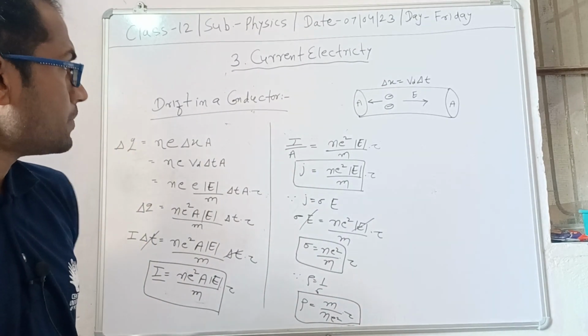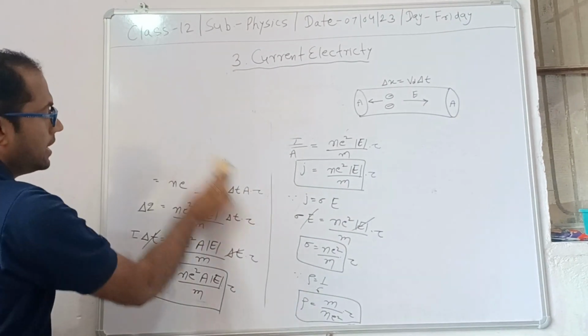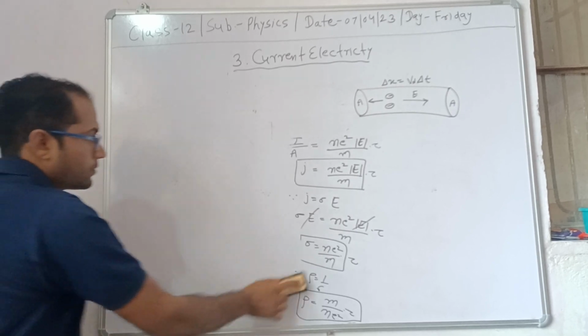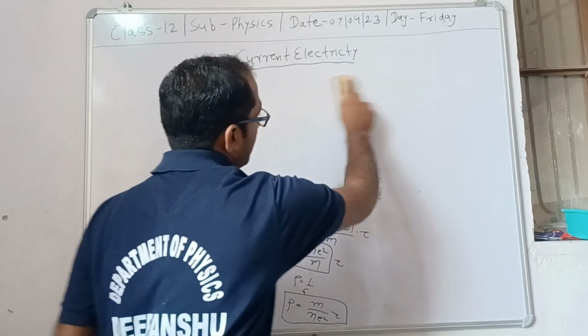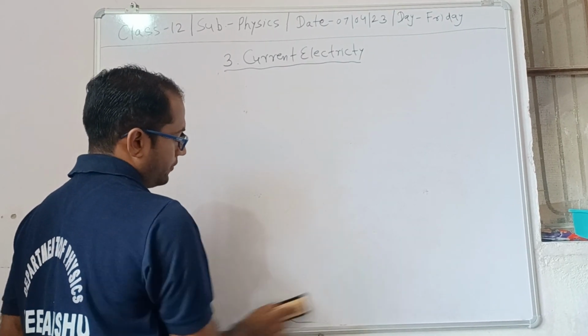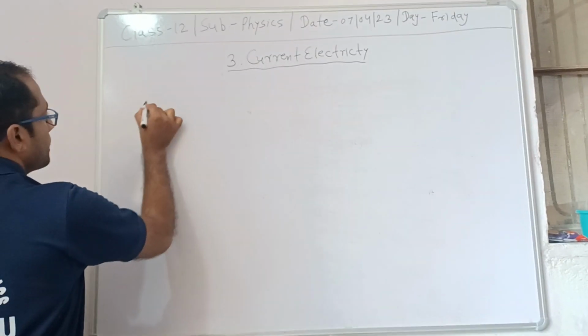Okay, then we are discussing what mobility is. Actually, mobility is also a property of a conductor. When a current flows in this conductor with a drift velocity Vd, then what is the mobility?